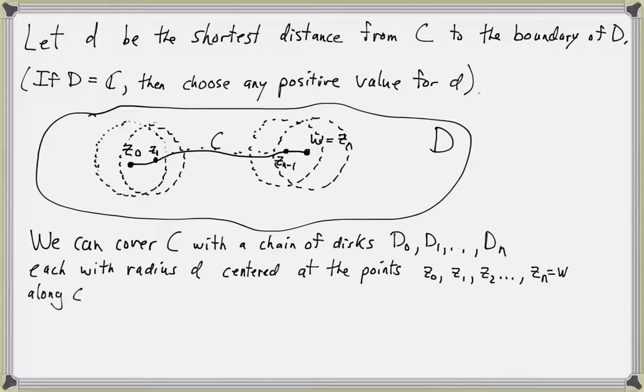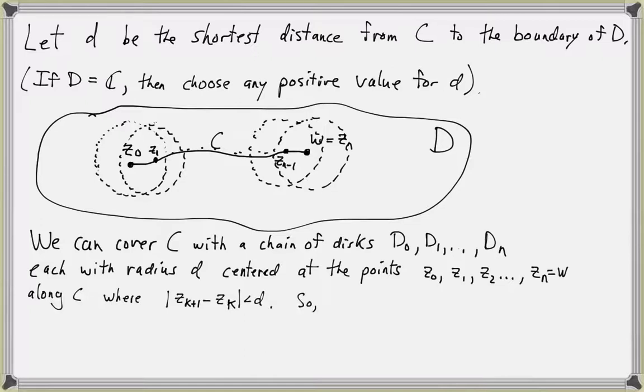But we want these points to be less than distance d away from each other, so that the disk at Z1 will contain the center of the previous disk, Z0, and so on along the line. So the absolute value of z_(k+1) minus z_k will be less than little d.